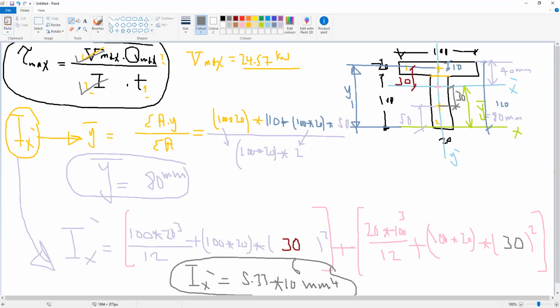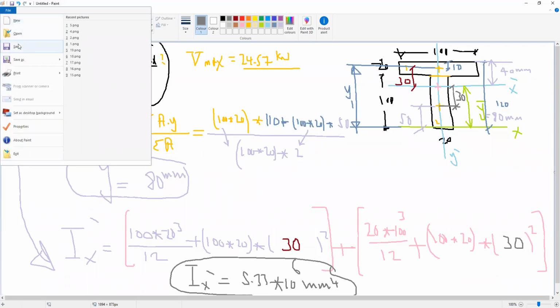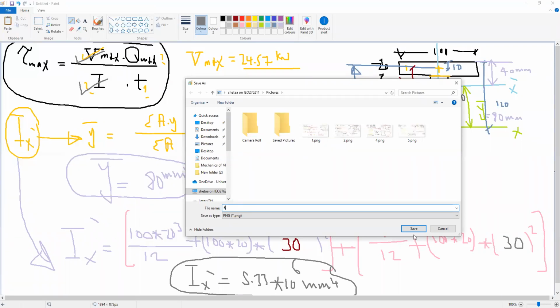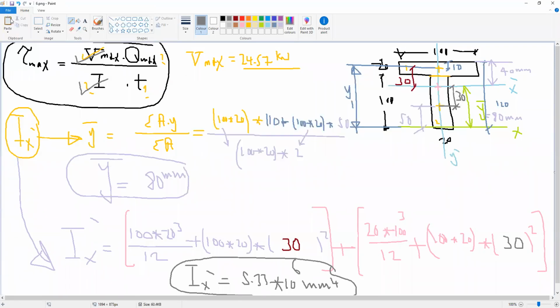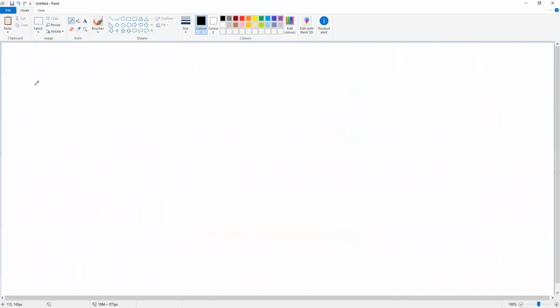Okay, so we can go now to the next step. We know V max is 24.57 kilonewton. Ix dash is equal to 5.33 multiplied by 10 to the power 6 millimeter to the power 4.